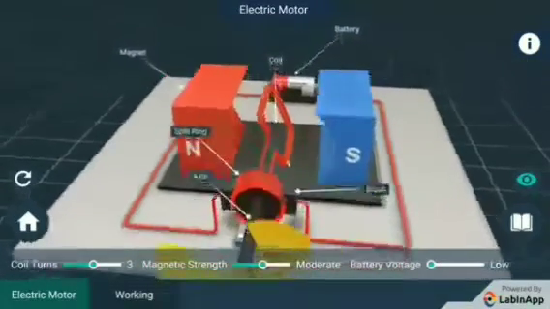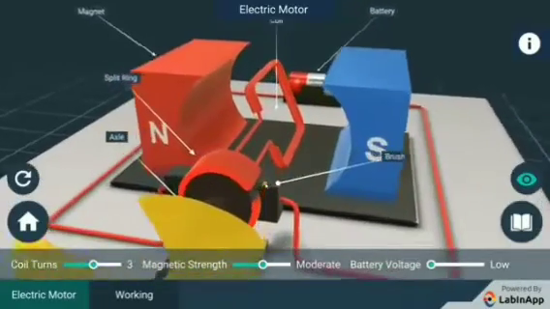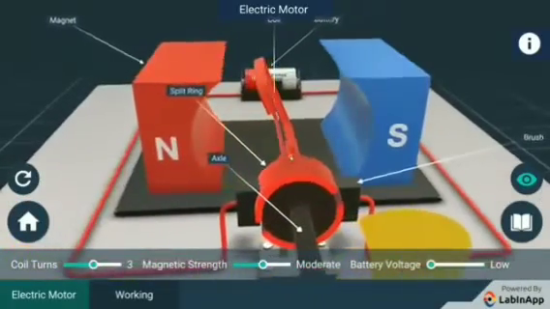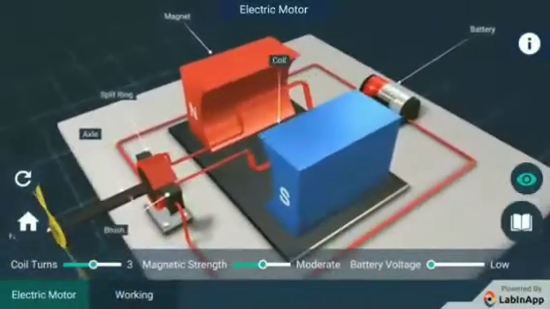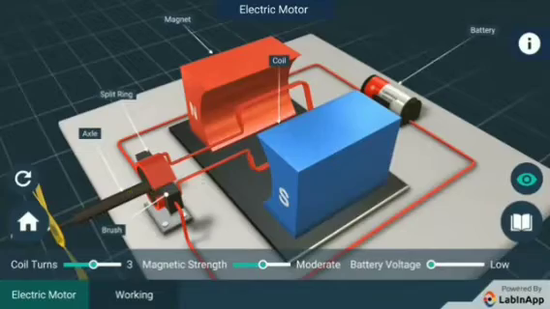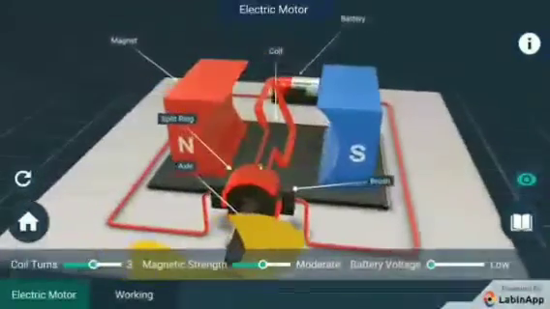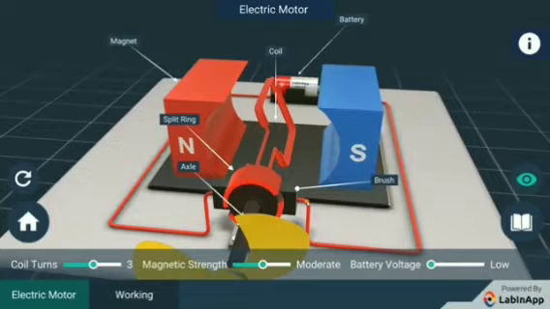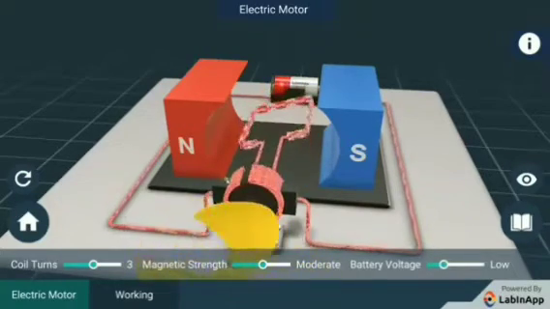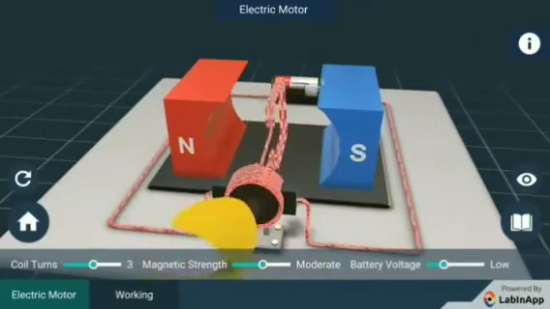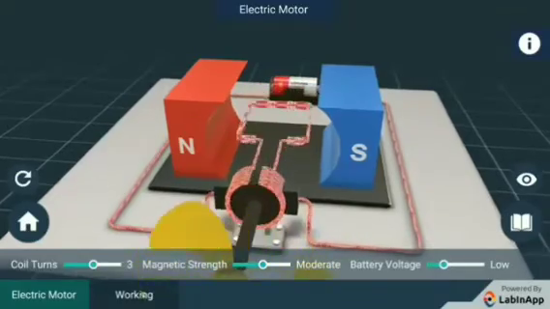The ends of the coil are connected to the two halves of a split ring, P and Q. The inner sides of the halves of the split ring P and Q are insulated and attached to an axle. The external conducting stationary brushes X and Y are shown respectively in the diagram. A DC source is connected across the brushes X and Y.